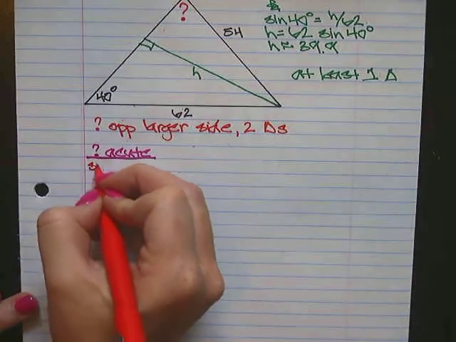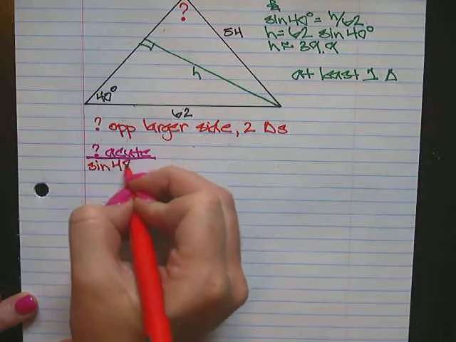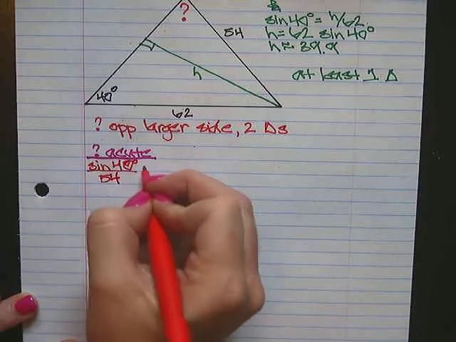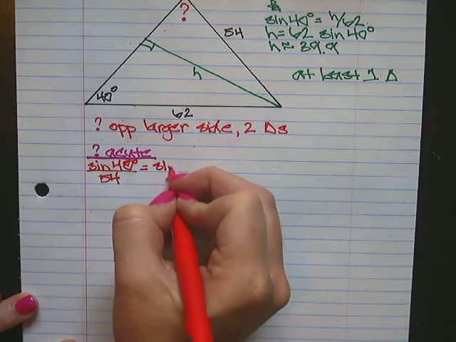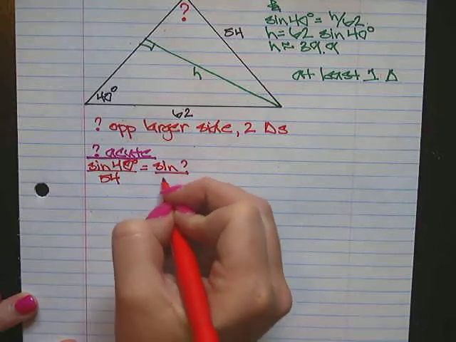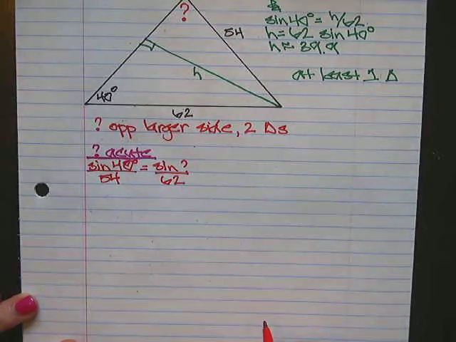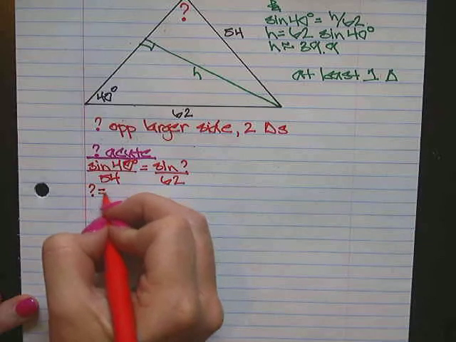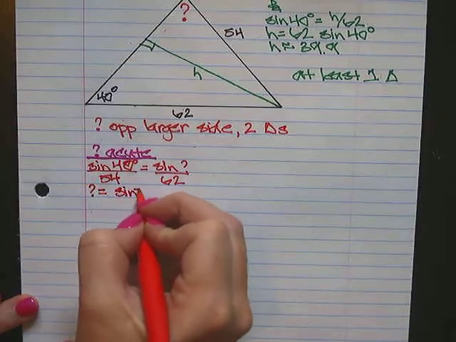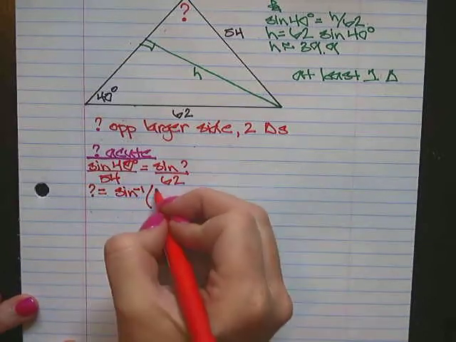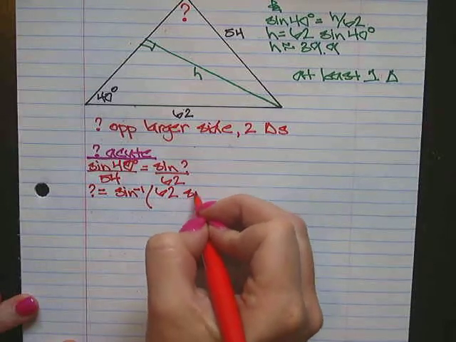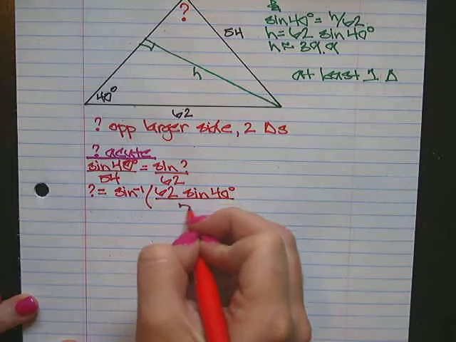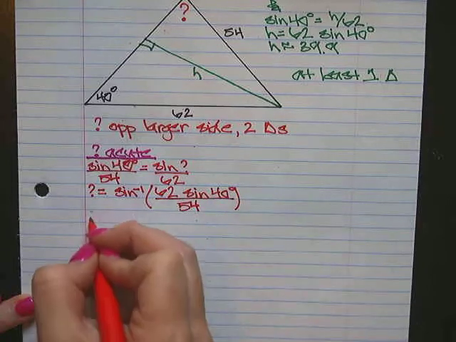So the first triangle is where our question mark is acute. We're going to solve that the exact same way that we solved the last one. We will start with our base ratio, which will be the sine of 40 over 54 is the sine of our question mark angle over 62.